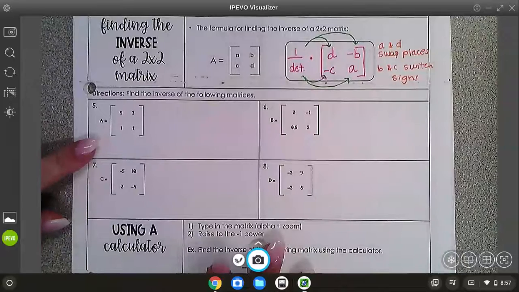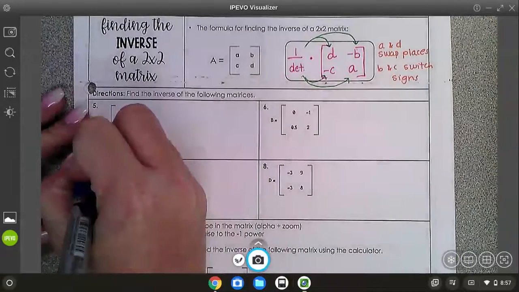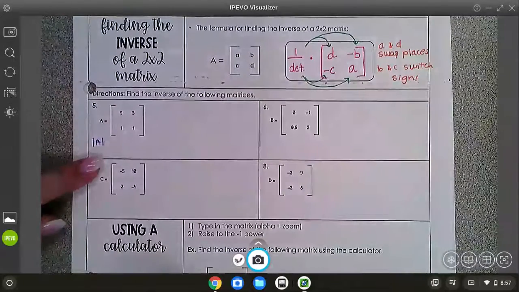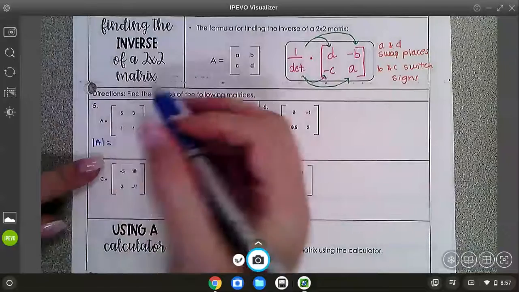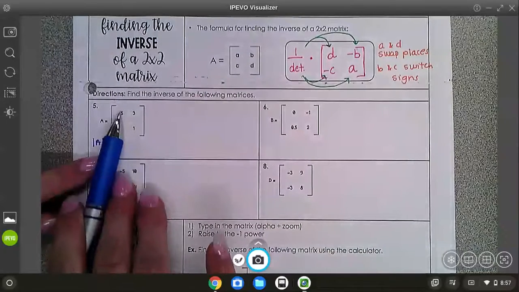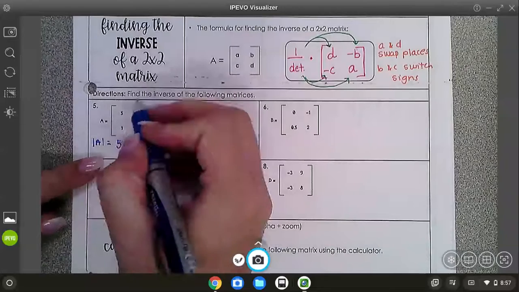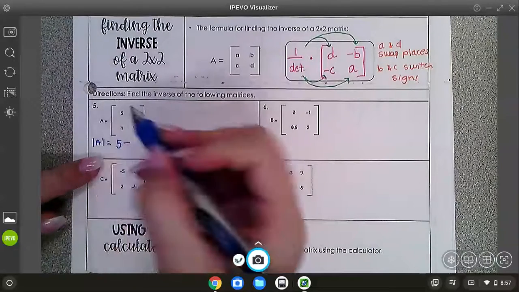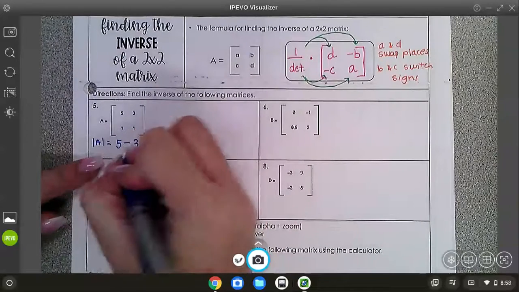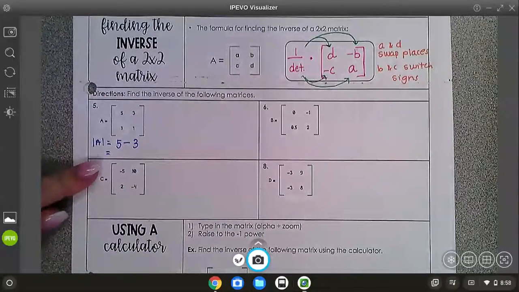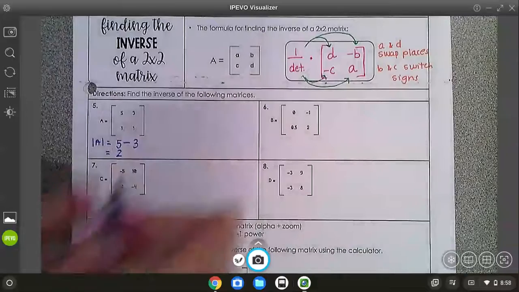So we always start by finding the determinant. So the determinant of A, we multiply those. 5 times 1 is 5, minus 3 times 1, which is 3, and we get 2.